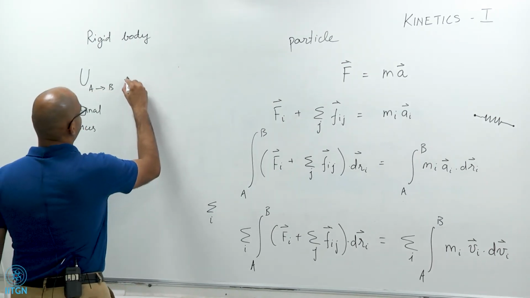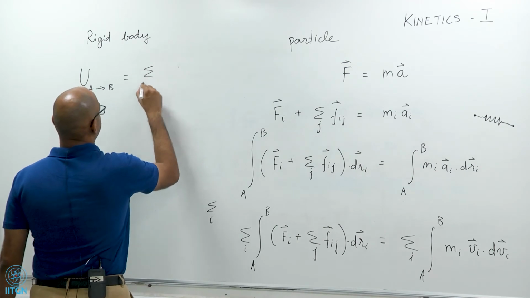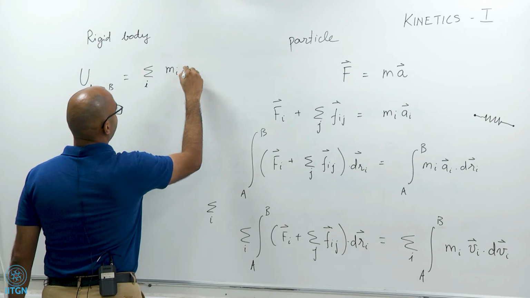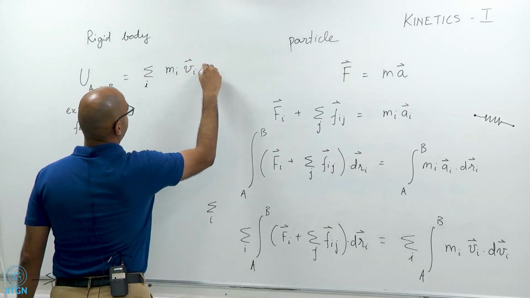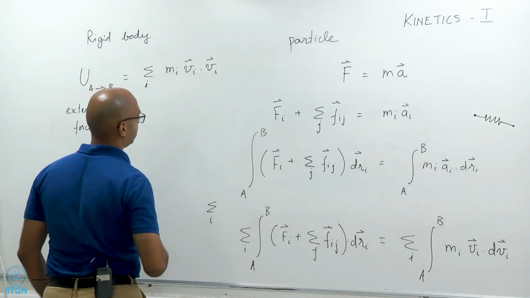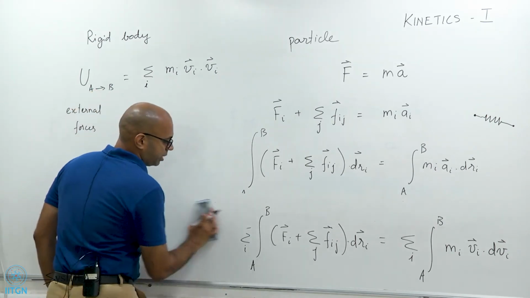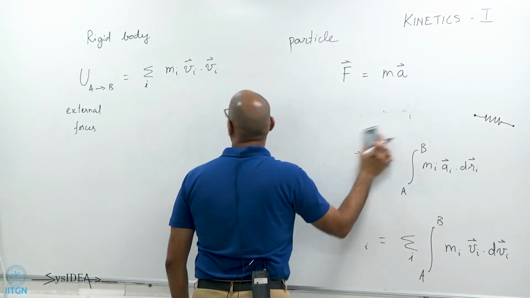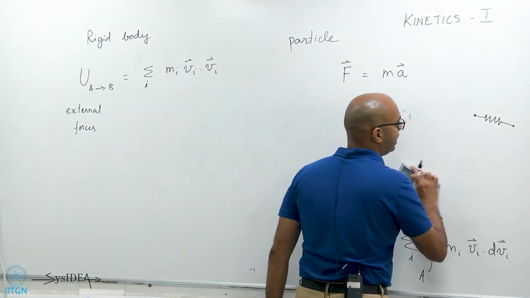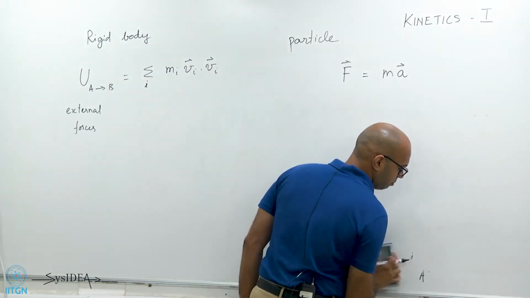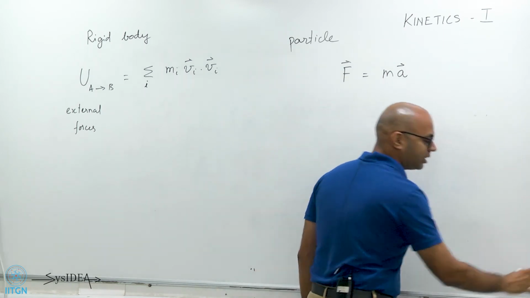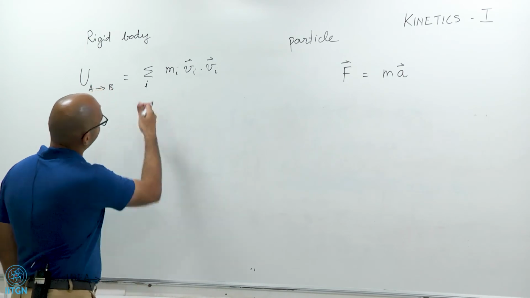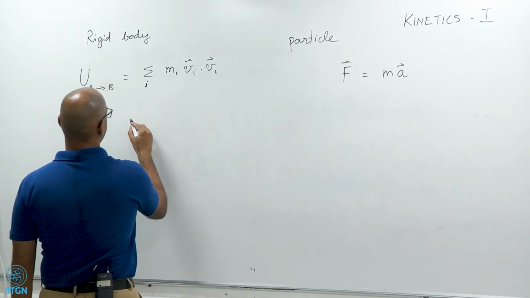And on the right hand side, you would get the sum of mi vi dotted with vi. Again, for simplicity, I am writing it as a sum, but as I mentioned earlier, for a rigid body it's really an integral over dm. That's the right way to do it, but for simplicity, just to see how the spirit of the derivation works, I'm using a summation here.